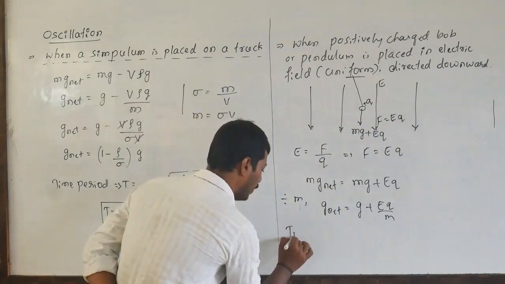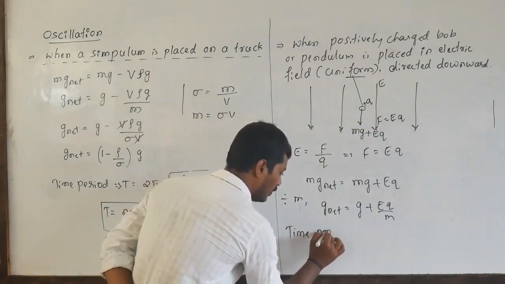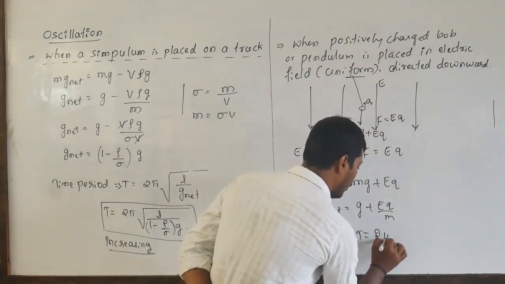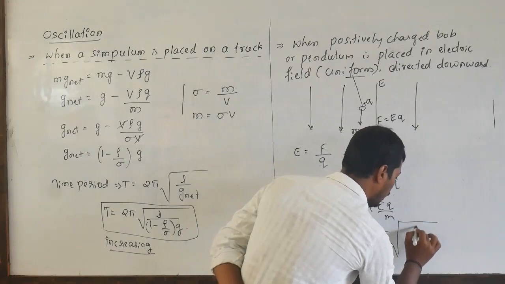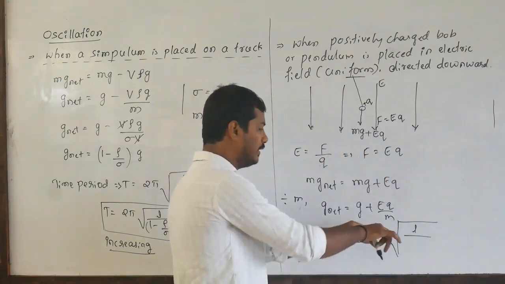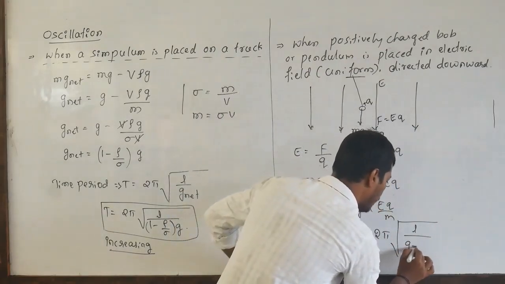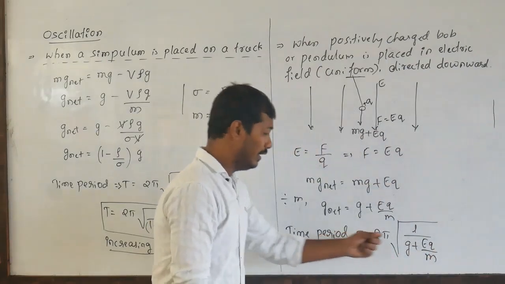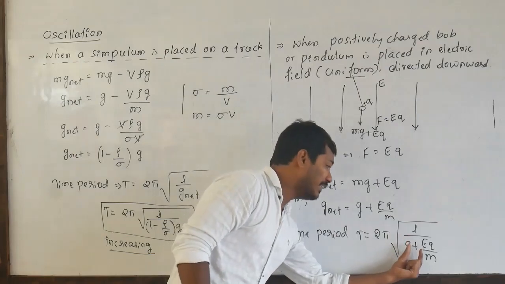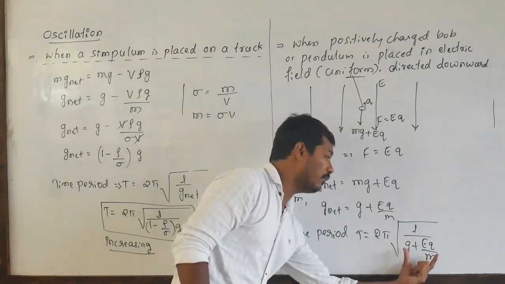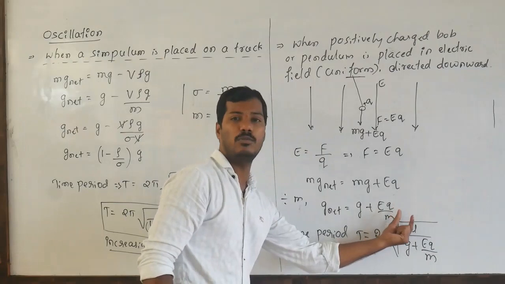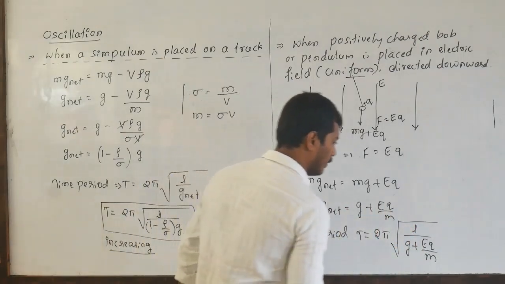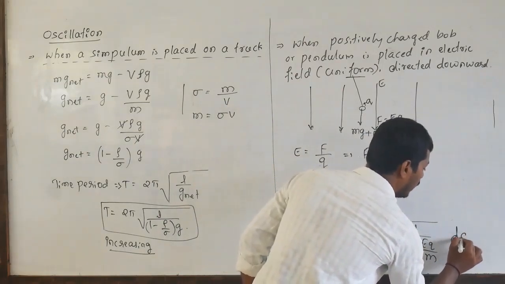Then what about the time period? T is equal to 2 pi root of L divided by G net, where G net is G plus EQ divided by m. It is an addition, so the denominator value is more. Then the time period is decreasing.